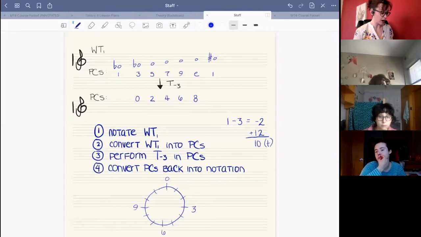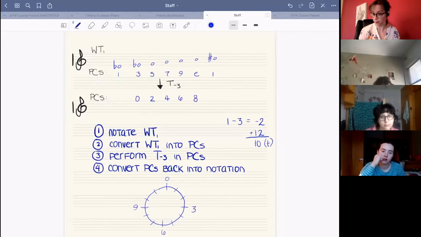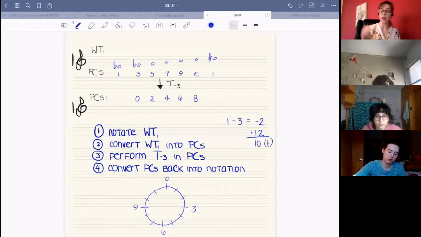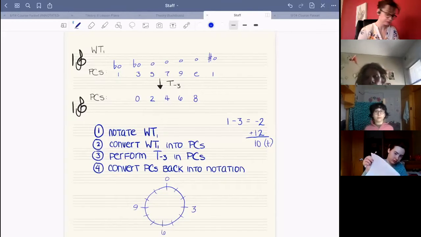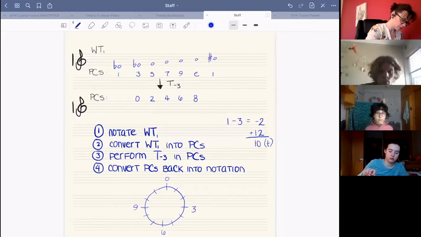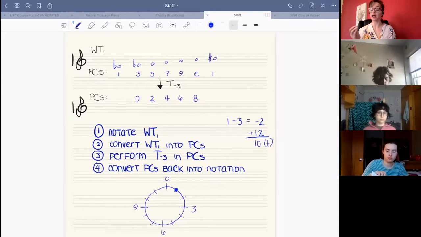For some of you, you might not want to do extra math in your life. That's where your clock face comes in. There are a bunch of blank clock faces in the back of your course pack for this purpose. So I'm going to plot my pitch class 1, which would go on this node of the clock. So we've got a negative transposition number.